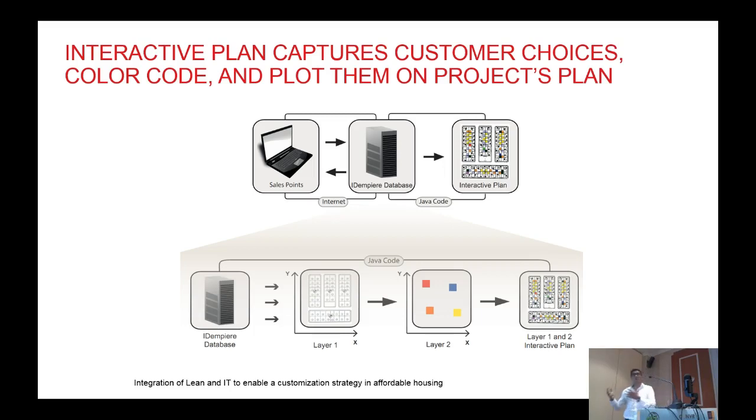In layer number 2, however, you only have different color and shape codes for the different housing models. Then in a third step, the system overlaps these two layers of information, and you can see what are the different housing models that go in different portions of the construction site. That is what this system does.